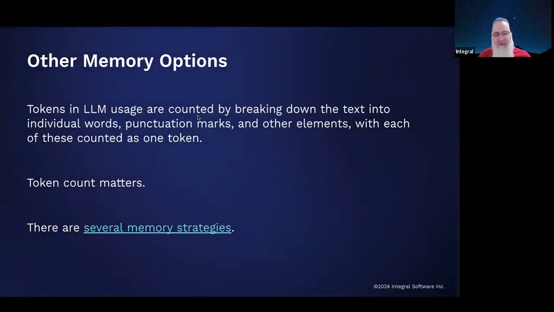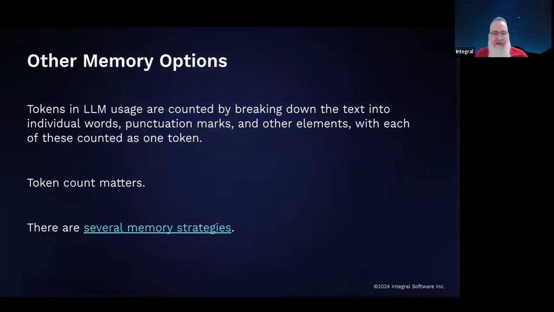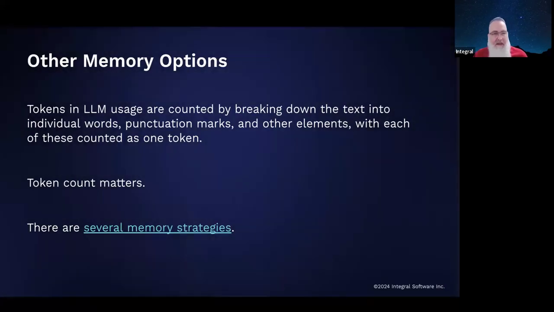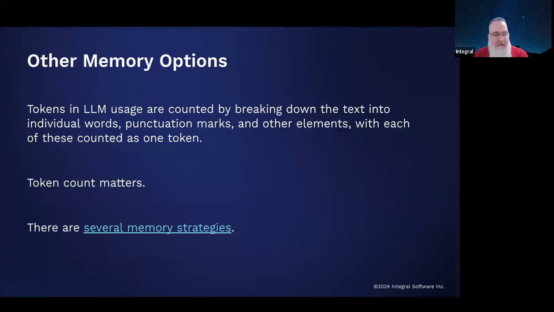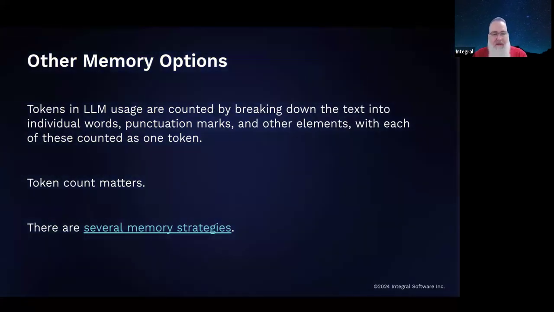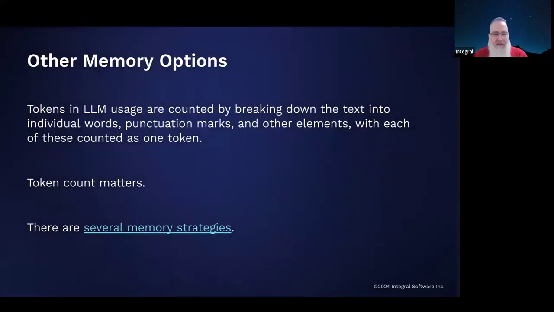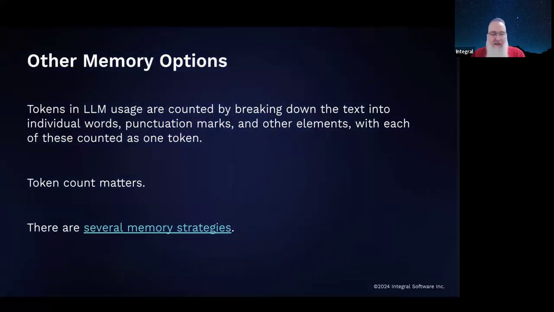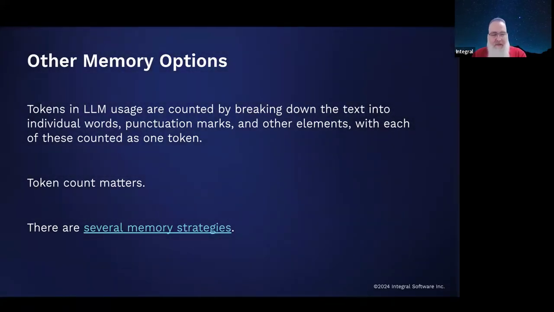So let's talk first about token usage in LLMs. Some of you may be familiar with this, so bear with me for a second if you are. But in an LLM request, you have a token limit. We touched on this a little bit early in this class. But the token usage is broken down.